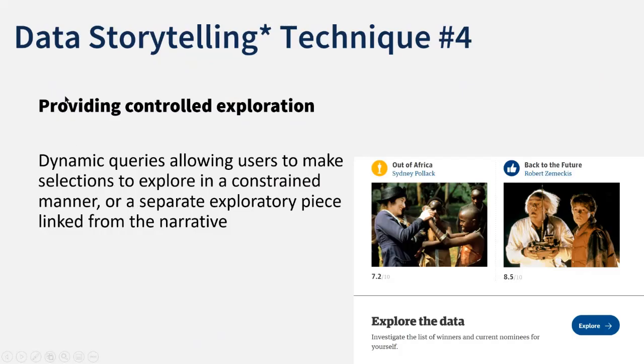So our last technique is called controlled exploration. This is where we allow users to make some selections. It's not a free-for-all where they can do anything, but it's a constrained exploratory activity.